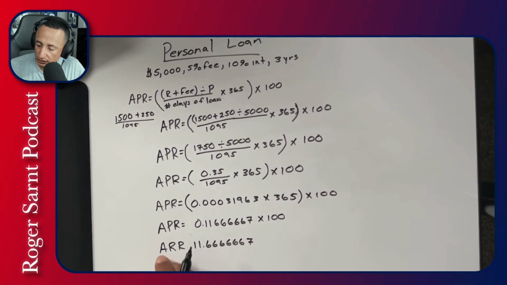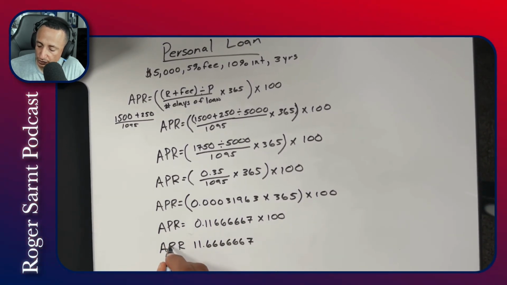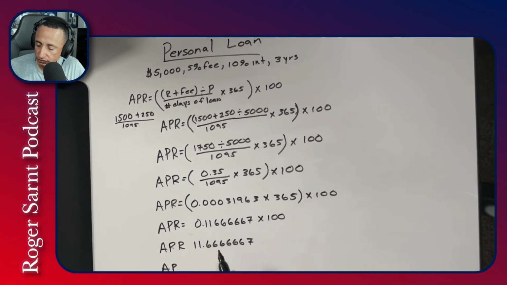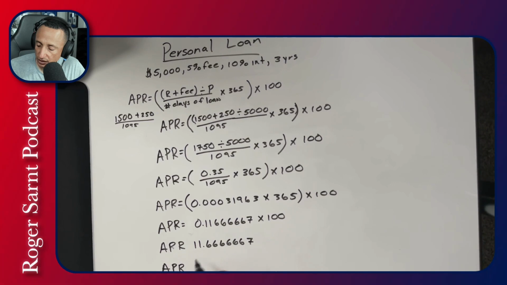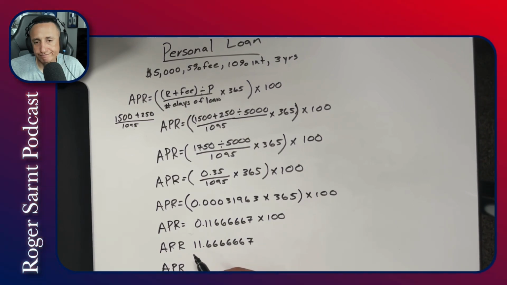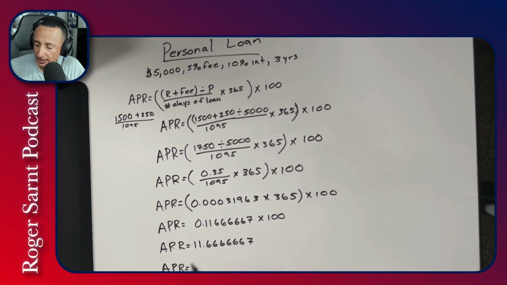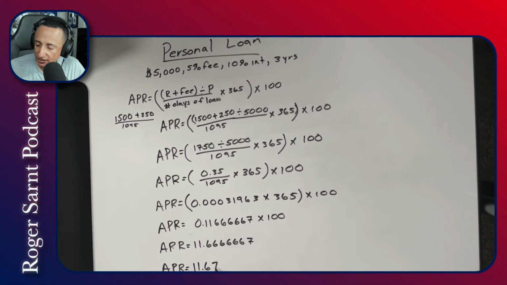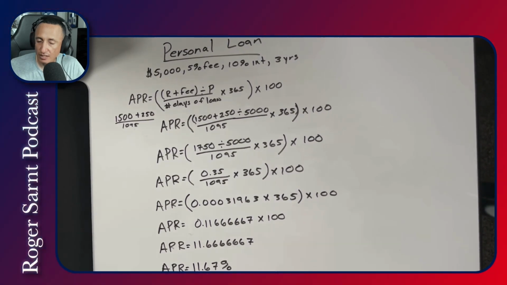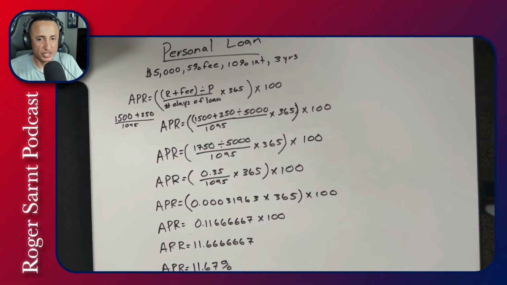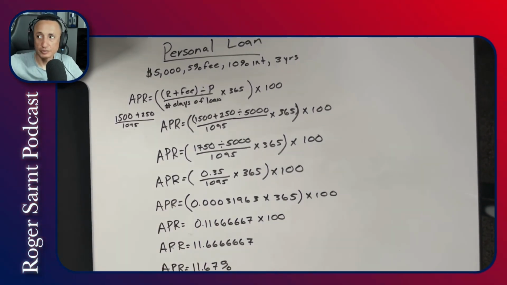And if we write that in simple terms that we can understand, because the APR is going to be 2 digits before and after the decimal, we have 11.67%. That's going to be your annual percentage rate on said loan.